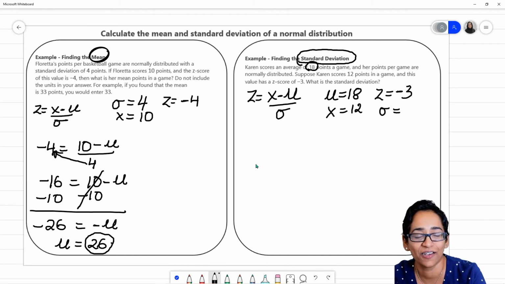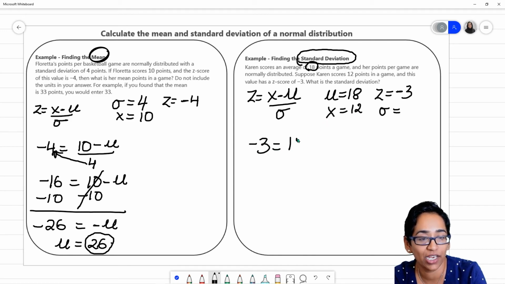Let's go ahead and take a look. I'm going to plug in the values. My z value is negative 3. My x value is 12. My mean is 18. Standard deviation, I don't know. So I have negative 3 is equal to 12 minus 18, which is negative 6, over standard deviation. So I'm simply going to cross multiply.